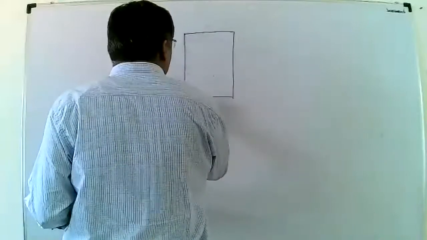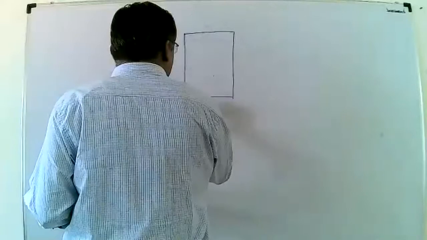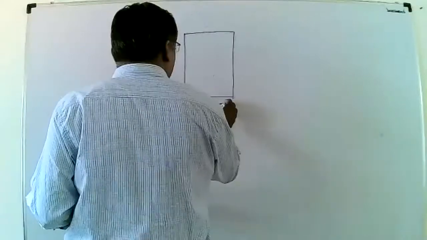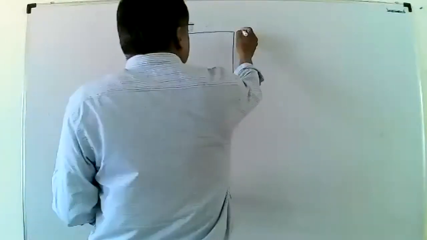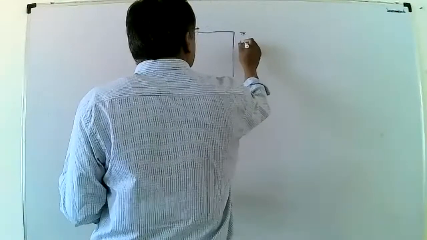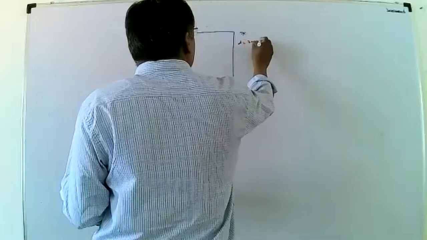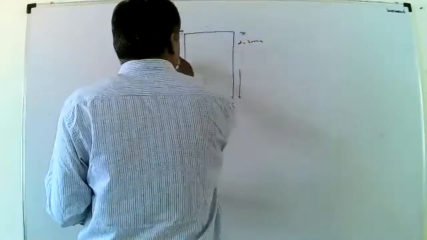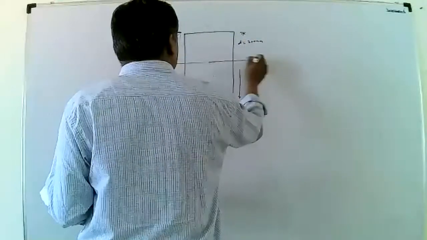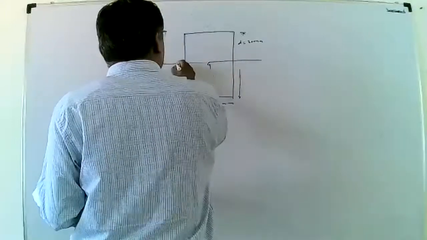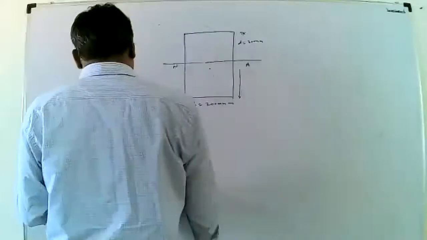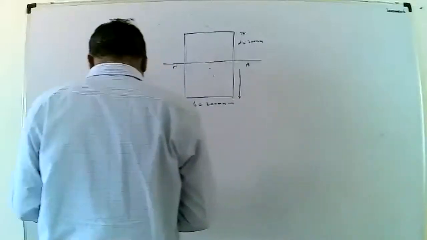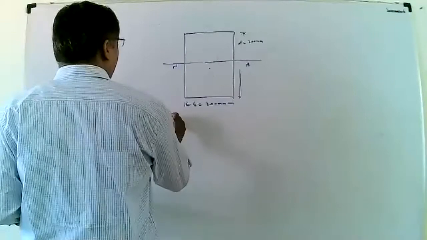This is the width, represented by 200 mm, and this is the depth, given as 300 mm. This is the neutral axis, or neutral layer, passing through the centroid.